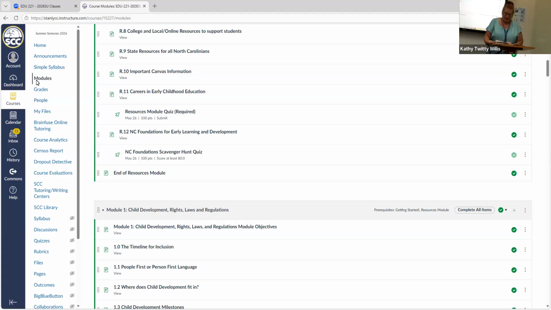As we move forward, we'll be talking about individual supports and interventions, addressing challenging behavior, and then we will go into grouping our different exceptionalities: your speech and language impairment, your autism spectrum disorder, visual and hearing impairments, physical disabilities, intellectual disabilities, ADHD, learning disabilities.